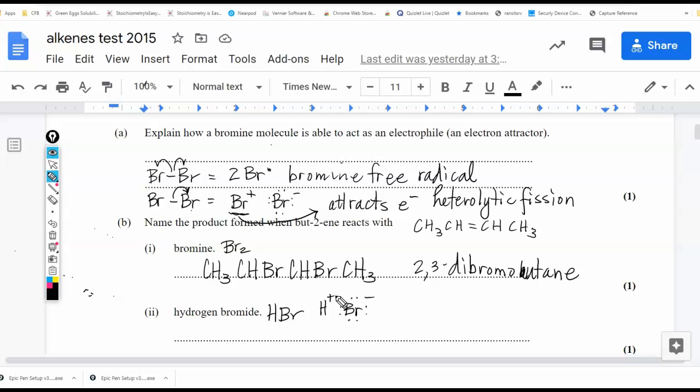So there's that happening there, and we're going to add it to the double bond, so we're going to end up with CH3, and one side is going to get the H and one side is going to get the Br, and it's not going to matter which side gets which since this is a symmetrical molecule, and so we're going to end up with this, and we would call this 2-bromobutane. Okay, so there is our first part. So when it's asking how something can act as an electrophile, you need to be able to discuss how it becomes positively charged, so it attracts those electrons.